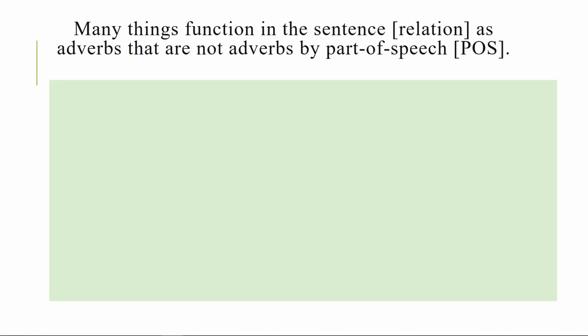Whereas the category adverb occurs in both of these labels, both relation and part of speech. Now, that doesn't mean every adverb by part of speech is an adverb by relation. And as we've already seen, some things that are not adverbs by part of speech act adverbially in the sentence.